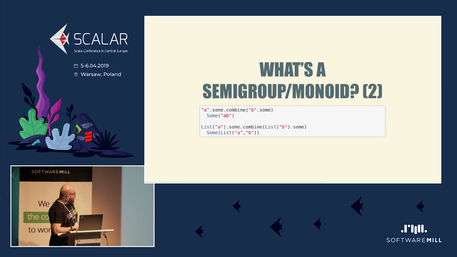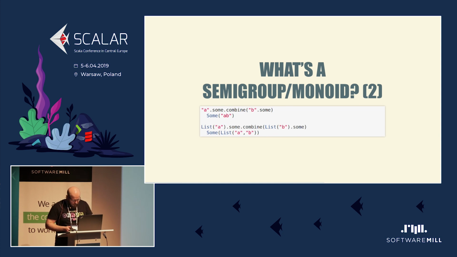Well, then it expects the inner element to also be a semigroup. So as you can see here with strings, it works, and it concatenates the string that's inside the options. Same thing as for lists. So you have here an option of list and an option of list, and you get an option of list with the combined elements.